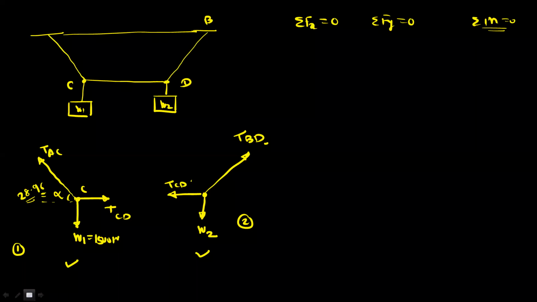For point C, you can resolve the forces. Resolve this tension: its y component will be tension AC sine 28.96, and its x component is tension AC cos 28.96. Tension CD is exactly horizontal and W1 is in the negative y direction.